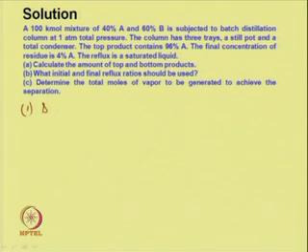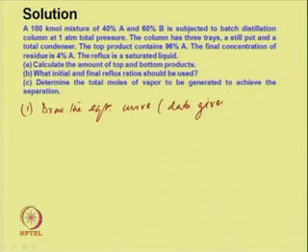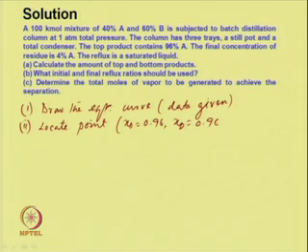Now, draw the equilibrium line. The data is given. Second, we will locate the point x_d, which is 0.96. Since x_d is constant, the slope of the operating line will change.